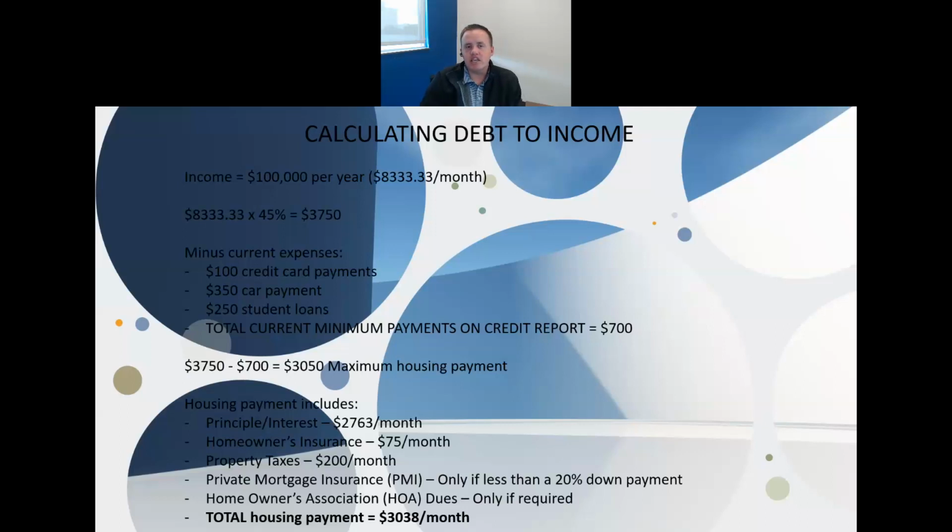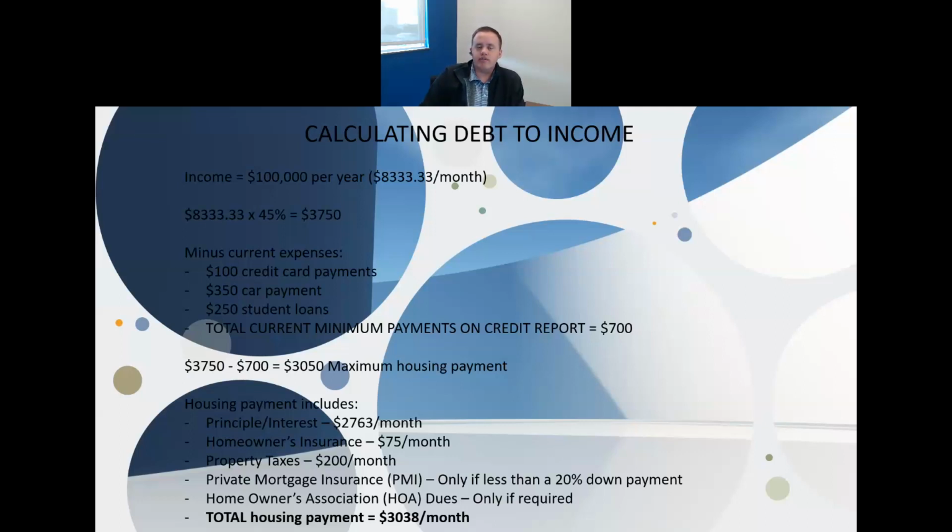Now, one of the things to keep in mind is a financial institution is typically going to say, okay, your maximum debt to income ratio is going to be 45%. That's what you can qualify for. Great. You also need to take into account what you feel comfortable with.